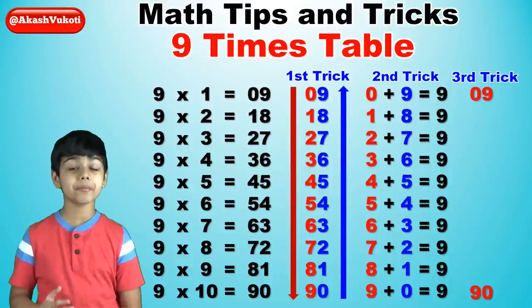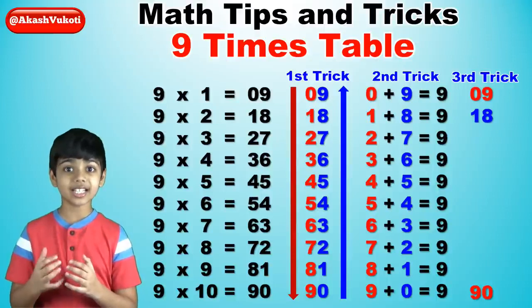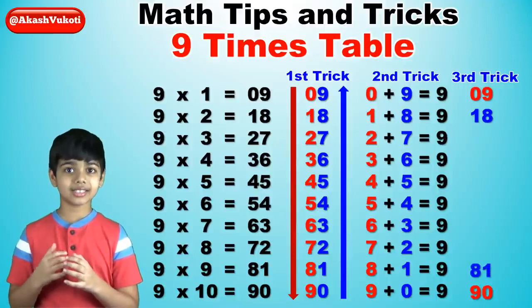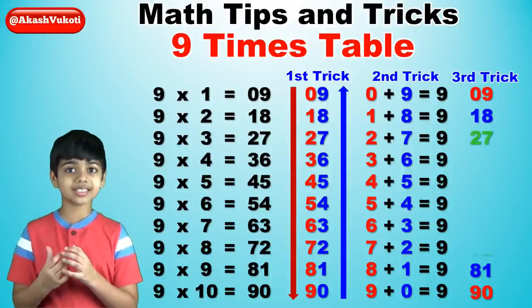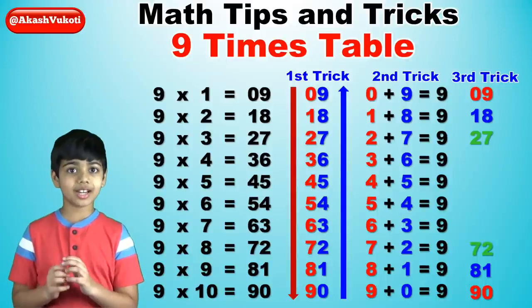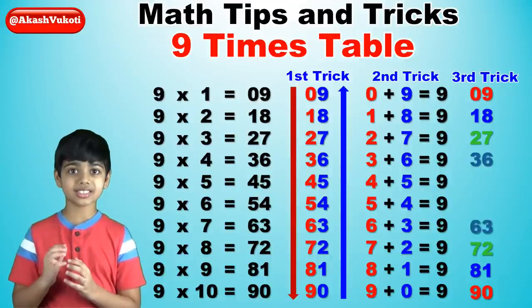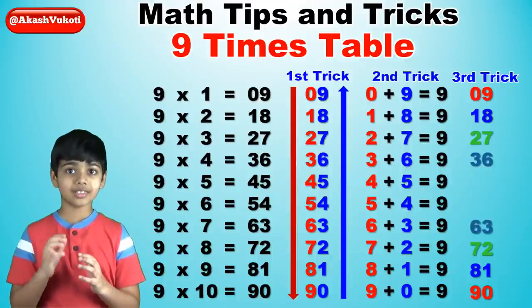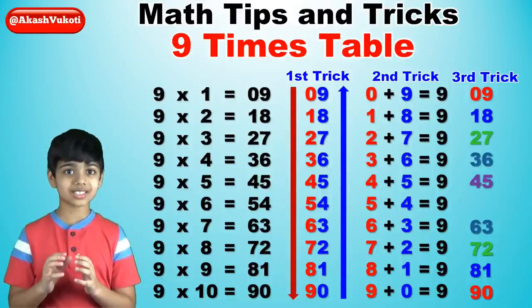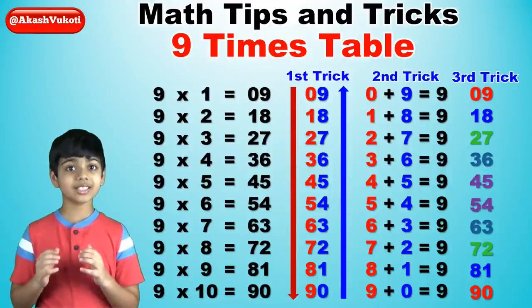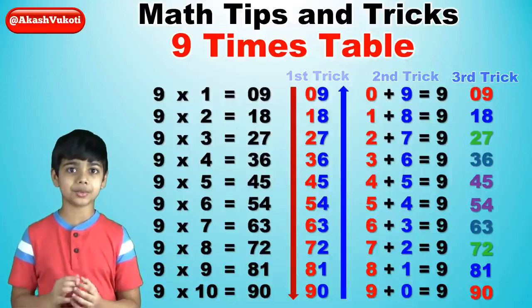In the same way, 9 times 2 is 18, and 9 times 9 is 81. 9 times 3 is 27, and 9 times 8 is 72. 9 times 4 is 36, and 9 times 7 is 63. And finally, 9 times 5 is 45, and 9 times 6 is 54. These are 3 super easy tricks to memorize the 9 times table.